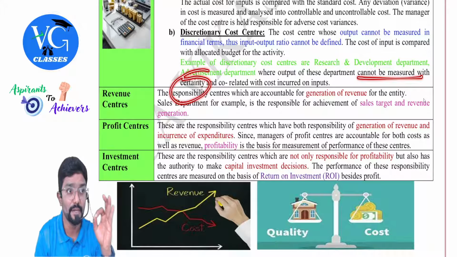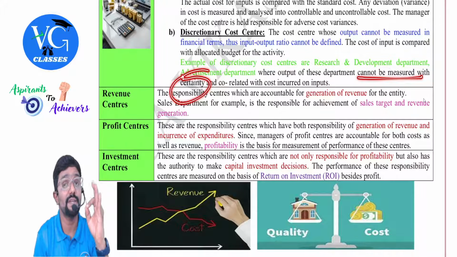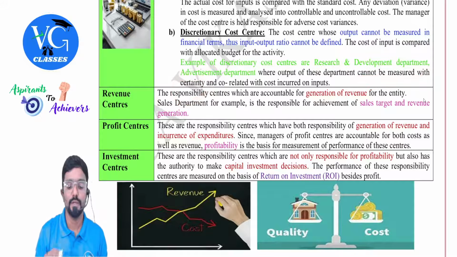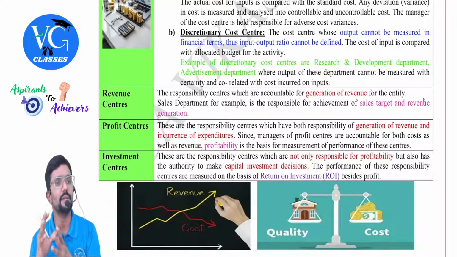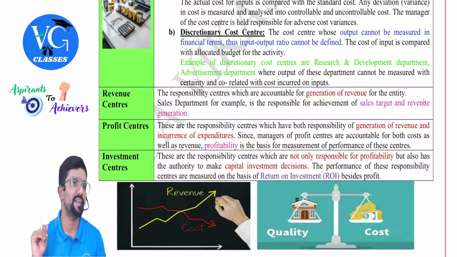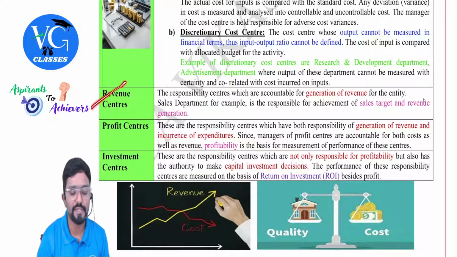I can estimate it, but can I tell with accuracy or certainty? No. And it is not correlated with the cost incurred on the inputs. I will not be able to tell, sir, this is the benefit I have got by incurring so much expenditure. Clear? Yes.